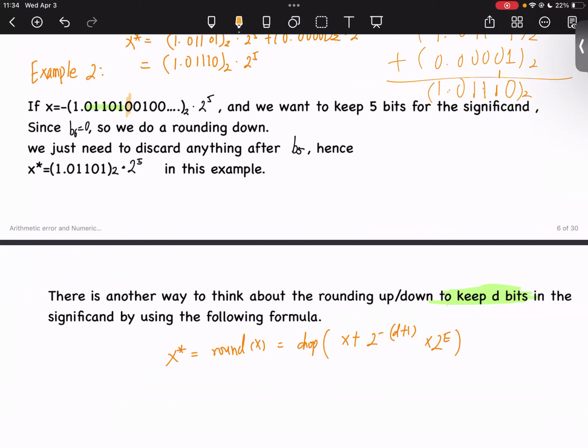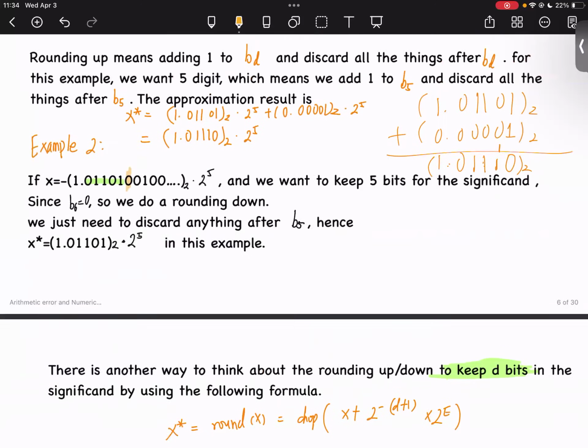And there's another way to think about rounding up and rounding down, and there's a formula here. This is the rounding of x. If we want to keep d bits, then we can do this. This is the number x, and then we add 2 to the negative of d plus 1. And this is actually what we did here.